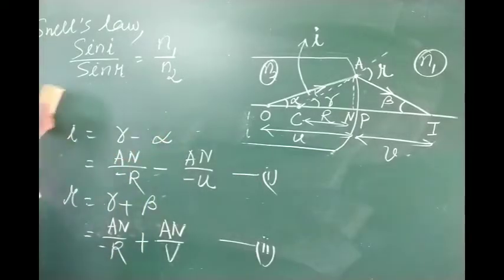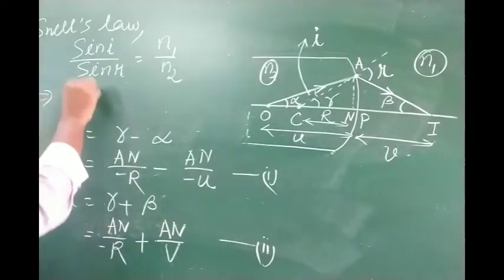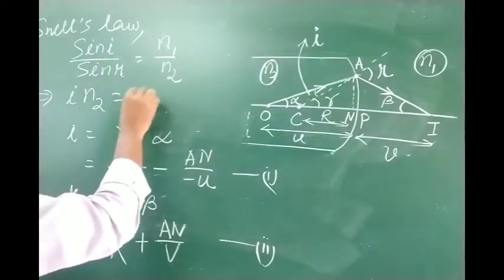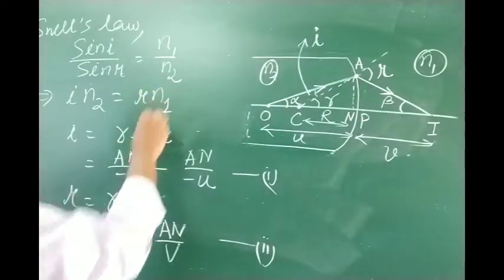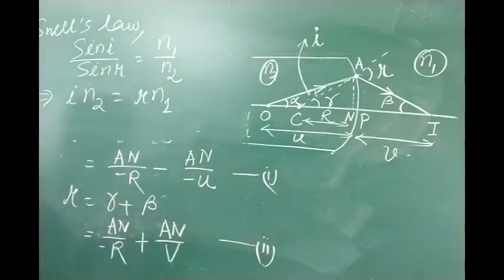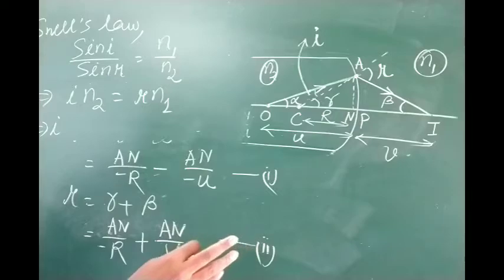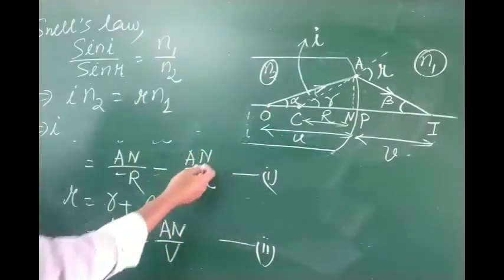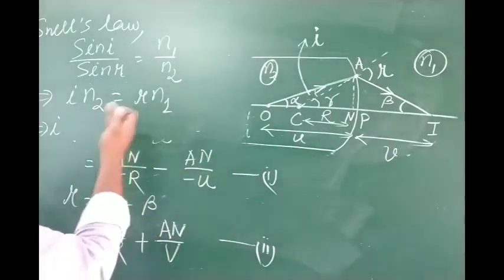Next step, I'll be doing cross multiplication. It will be i into n2 equals r into n1. Now go on putting the values. I'll be skipping one step, because both the terms have h in common, so we can cancel that part.